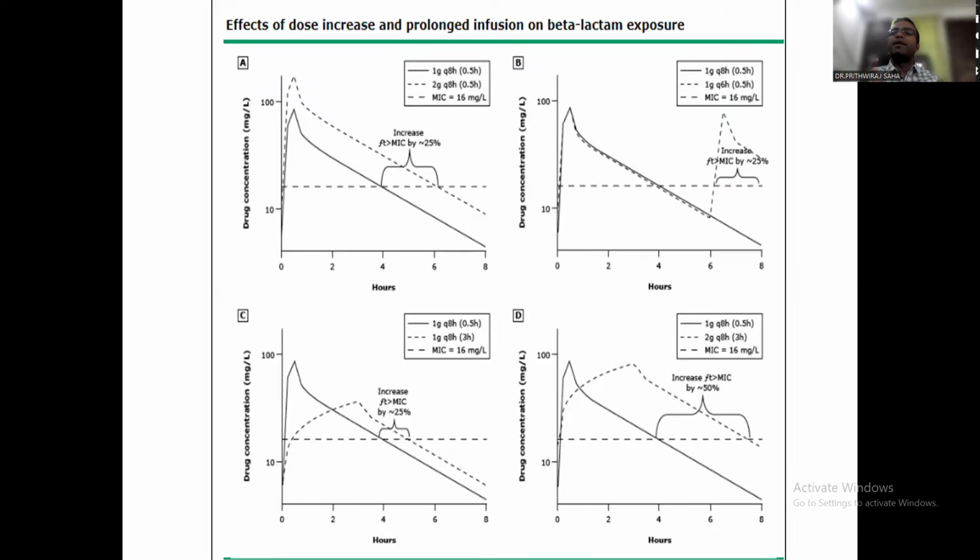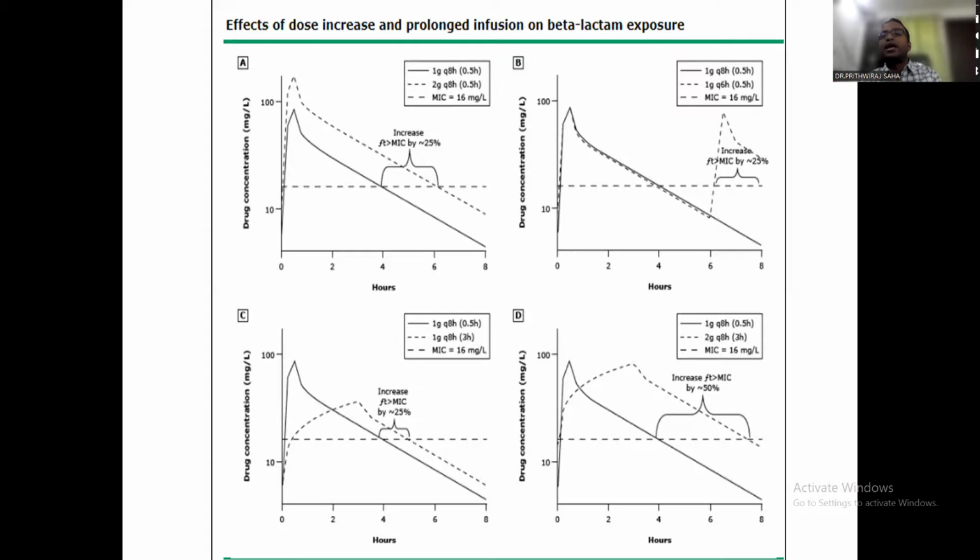You don't give 2 gram TDS in a kidney disease or an AKI patient, severe AKI patients. But unfortunately, these scenarios are very common when you are treating a critically ill patient. AKI is very common. But you need to keep in mind, you can increase the dose and can catch up with those carbapenem resistant organisms.